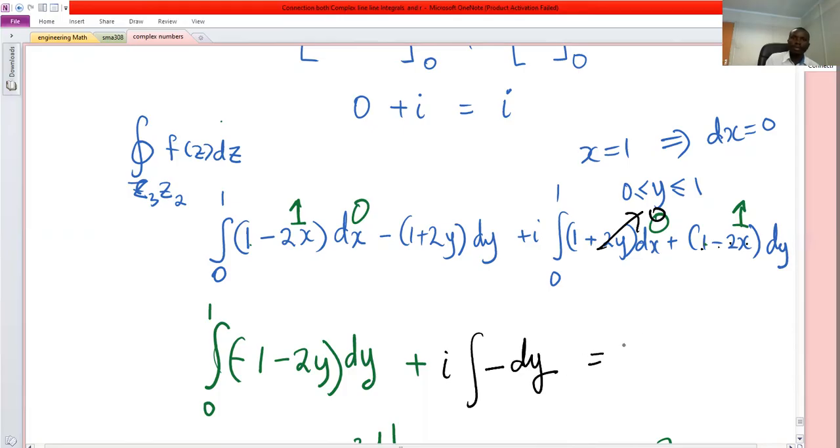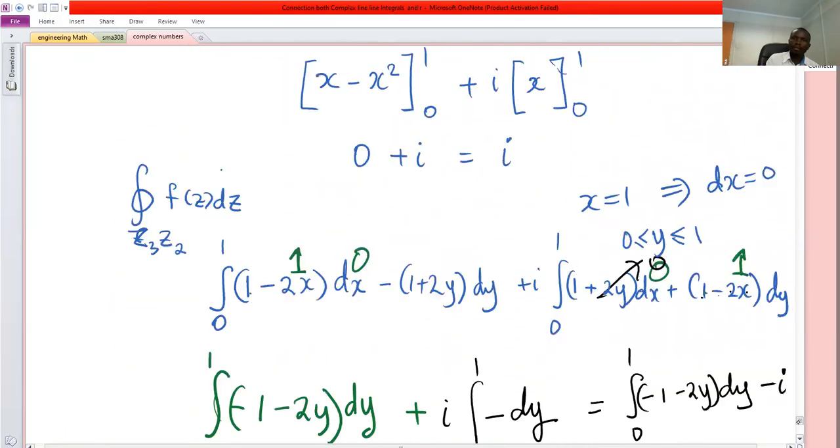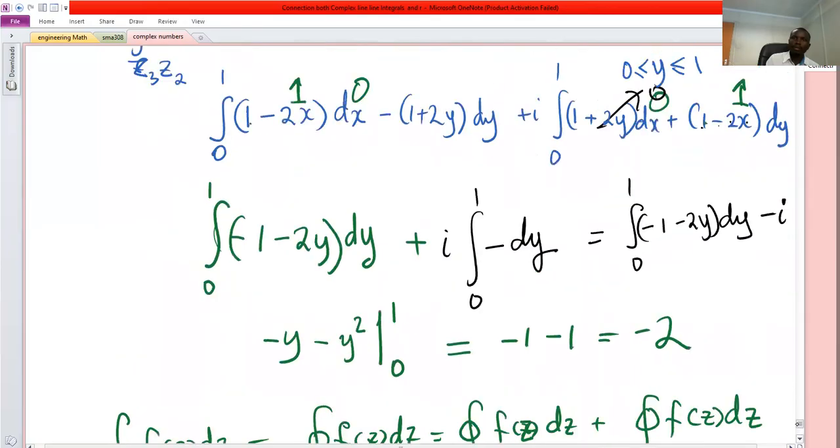So this would be the integral from 0 to 1 of (minus 1 minus 2y) dy. This one will give us minus i, because we are using limits from 0 to 1, so this will be minus 2 minus i.